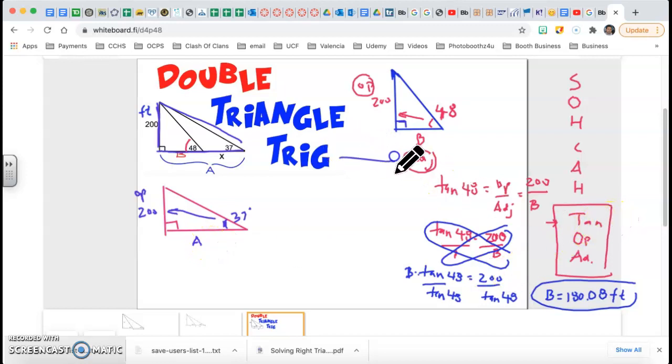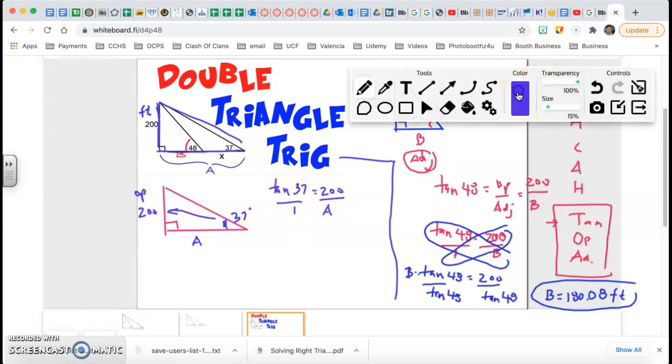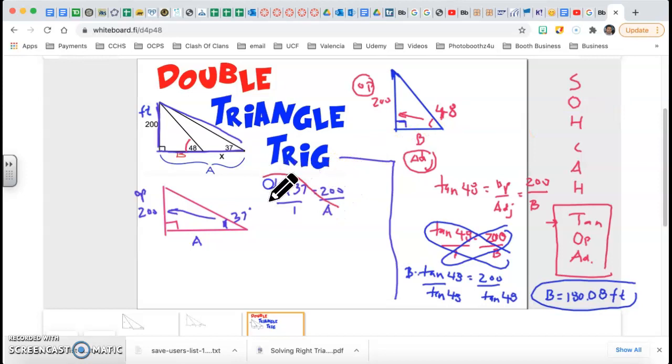Tangent is one of the most common functions used to solve this type of problem. So we do tangent of 37 equals opposite over adjacent, which is A. I do cross multiplication, which is going to be A times tangent of 37 equals the other diagonal, which is 200 times 1, which is 200, and divided by tangent 37 on both sides.